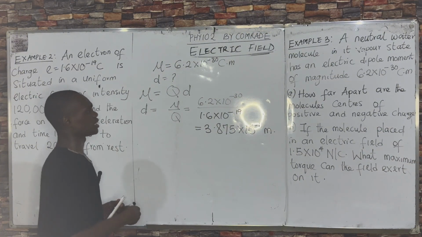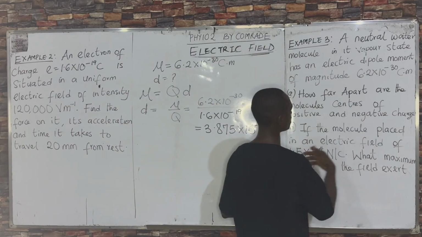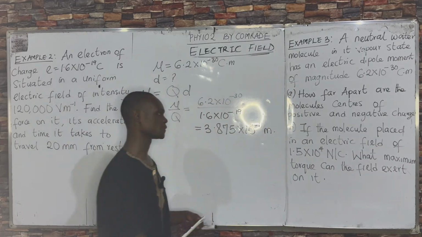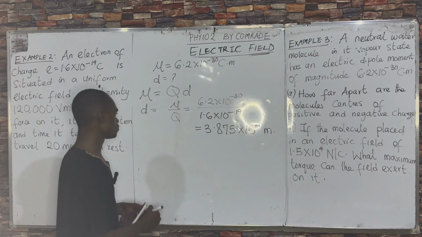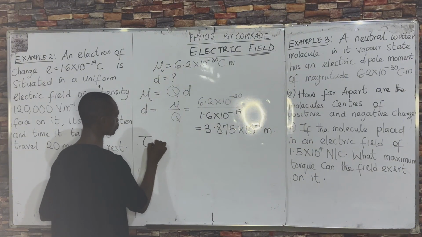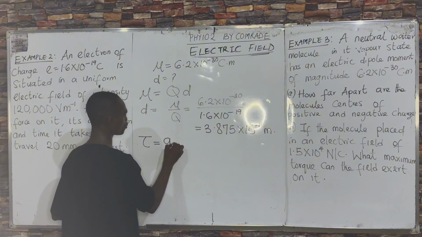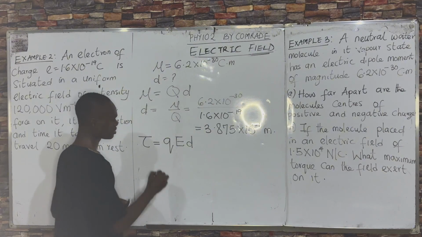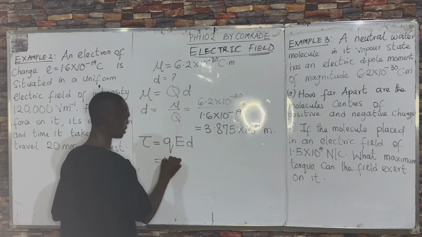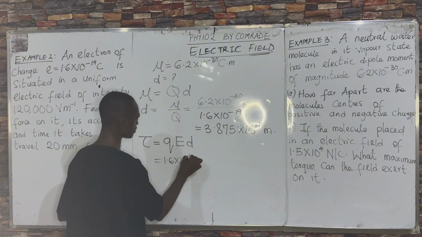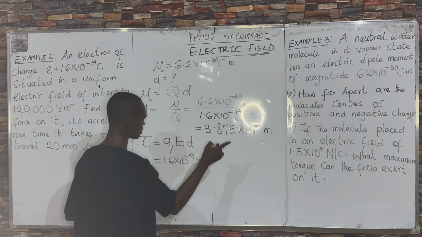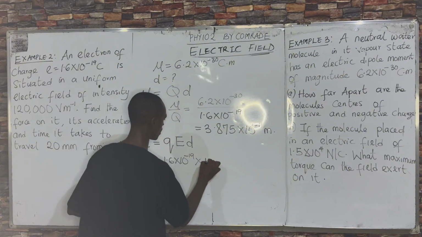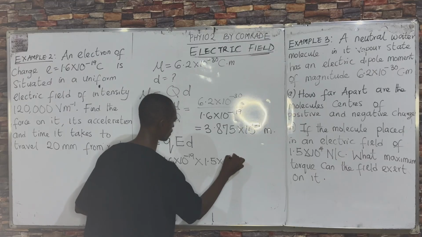So what's the next one? If the molecule is placed in an electric field, what is the maximum torque? What's our formula for torque? Torque is QED. Hope you have not forgotten. So what is Q? The electron, 10 raised to the power minus 19. What is E? It was given to us 1.5 times 10 raised to the power 4.